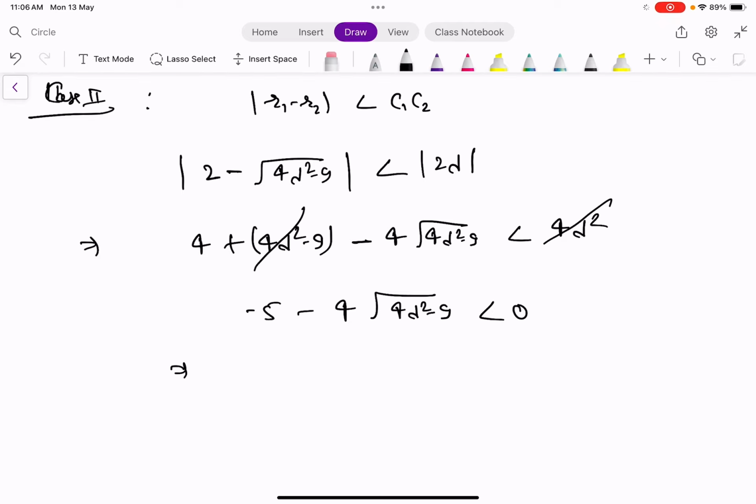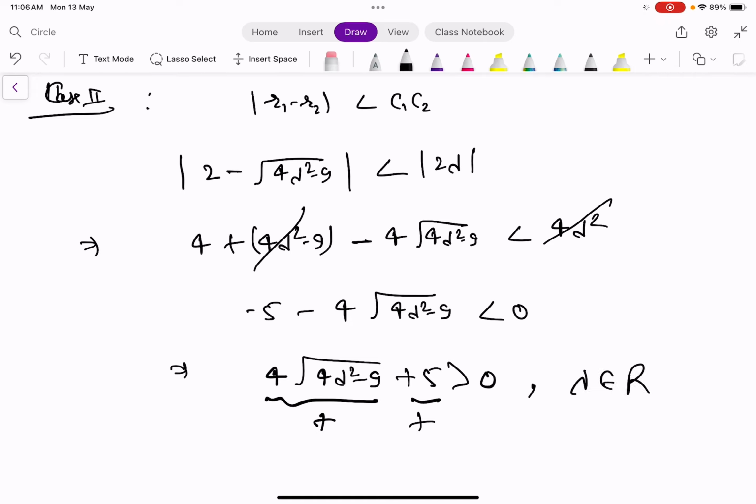If you multiply by negative sign, what do we get? 4 under root 4 lambda square minus 9 plus 5 is greater than 0, which is true. This is always a positive number and this is always a positive number, which is always true. So if you take any value of lambda, it will satisfy our inequality.